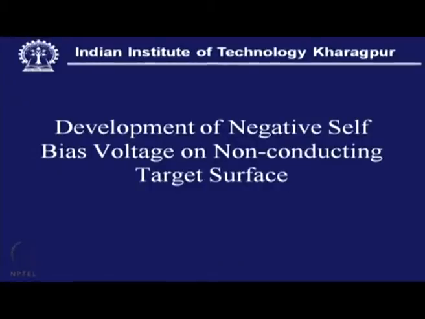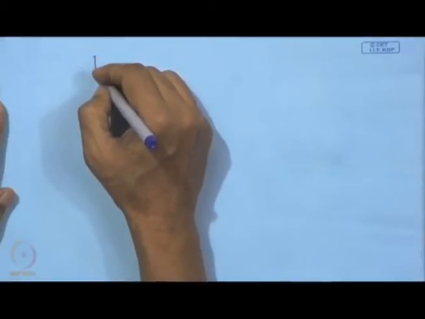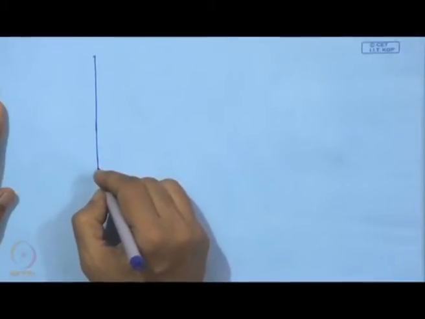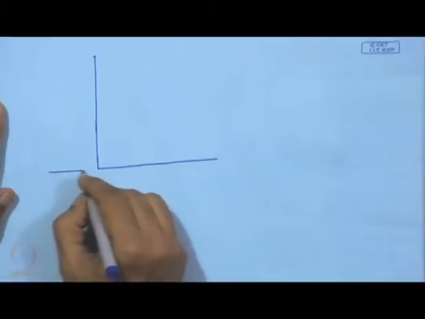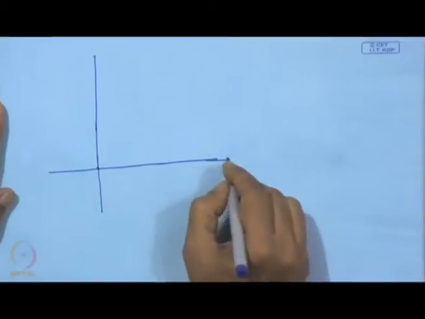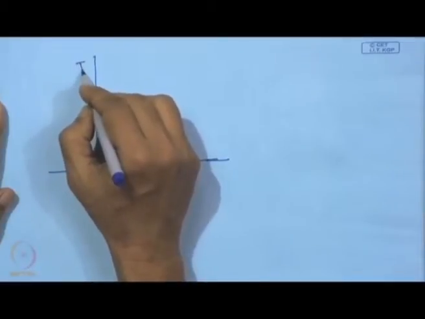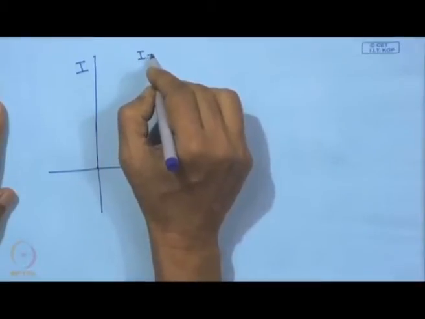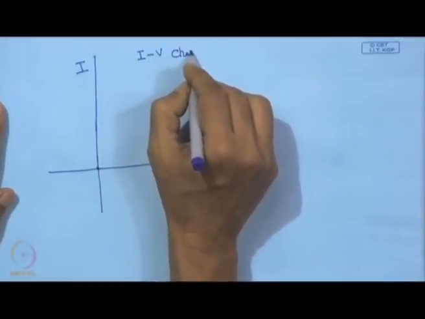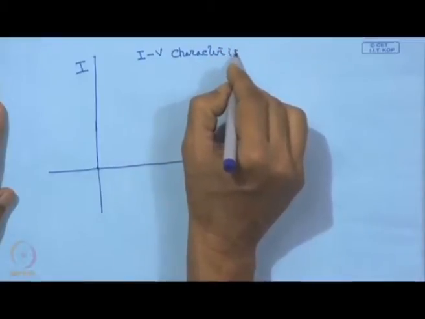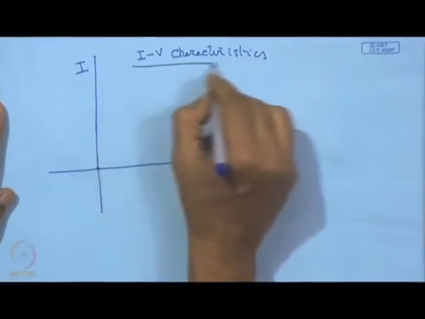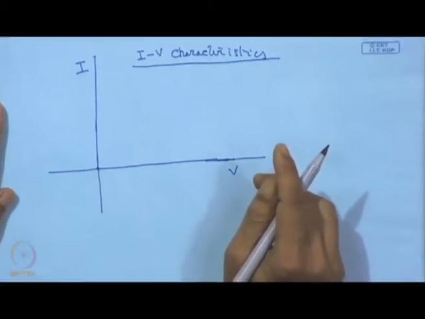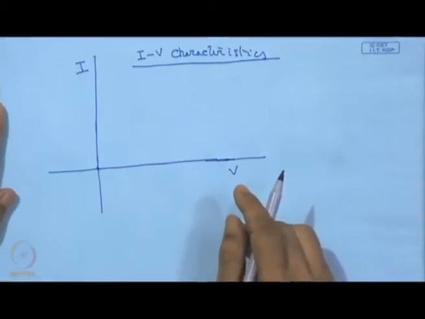If we draw another diagram showing this VI characteristics, this is I and this is V. So it is also the IV characteristics of one electrode which is immersed in a plasma volume.